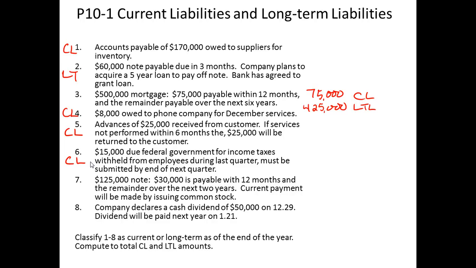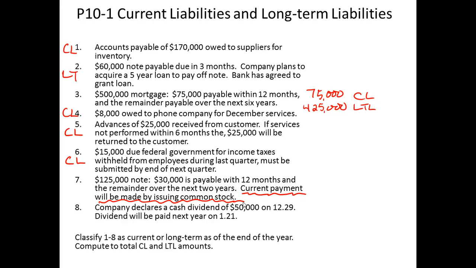Number 7, we have a $125,000 note. $30,000 is payable within 12 months, and the remainder over 2 years. So you're saying to yourself, $30,000 current liability, the rest is long-term. But notice the current payment will be made by issuing common stock.